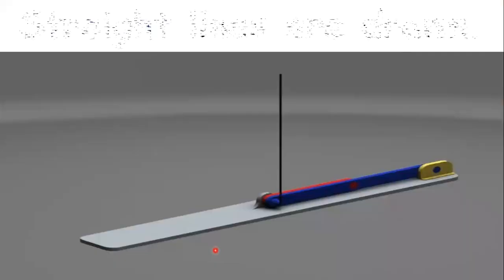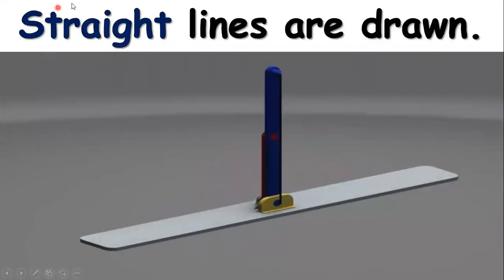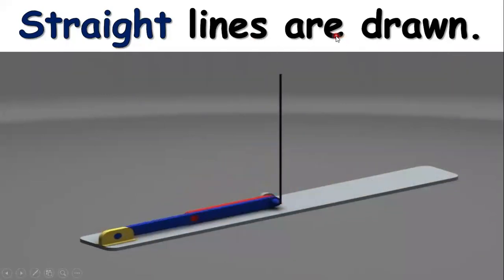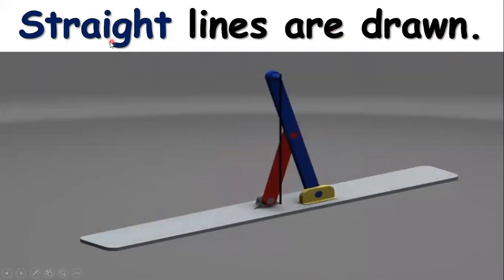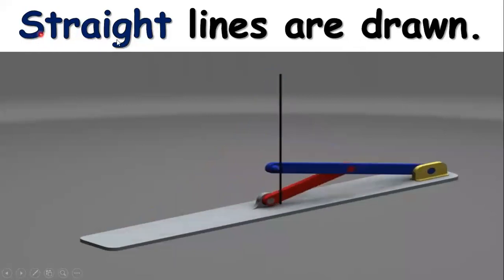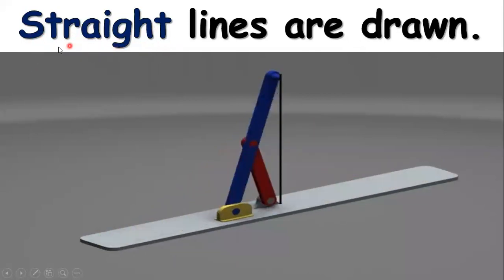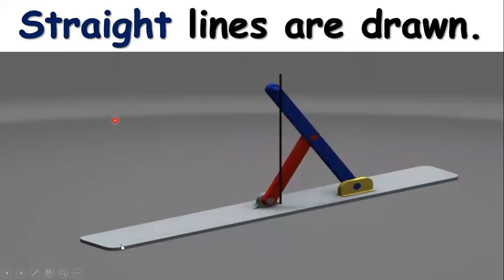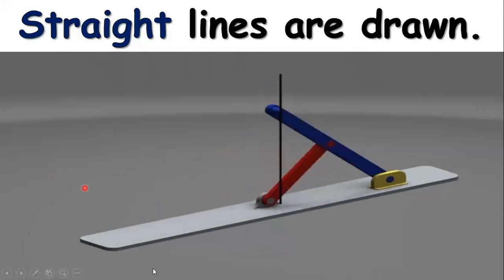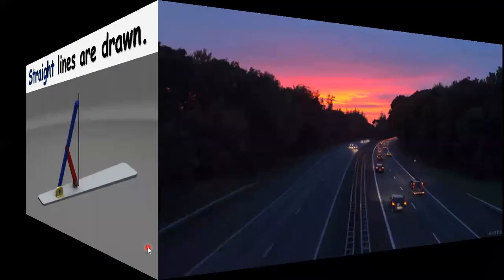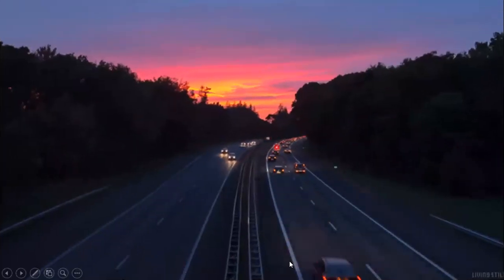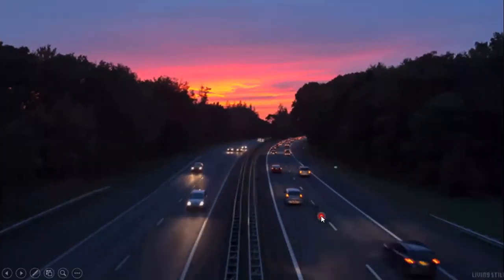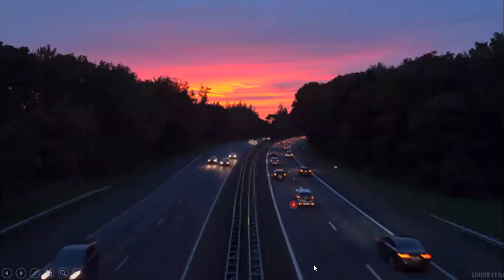Straight lines are drawn. We have here the word straight. This word means walking in a straight way. No right, no left, just straight. As a ruler. The cars here are moving straight.